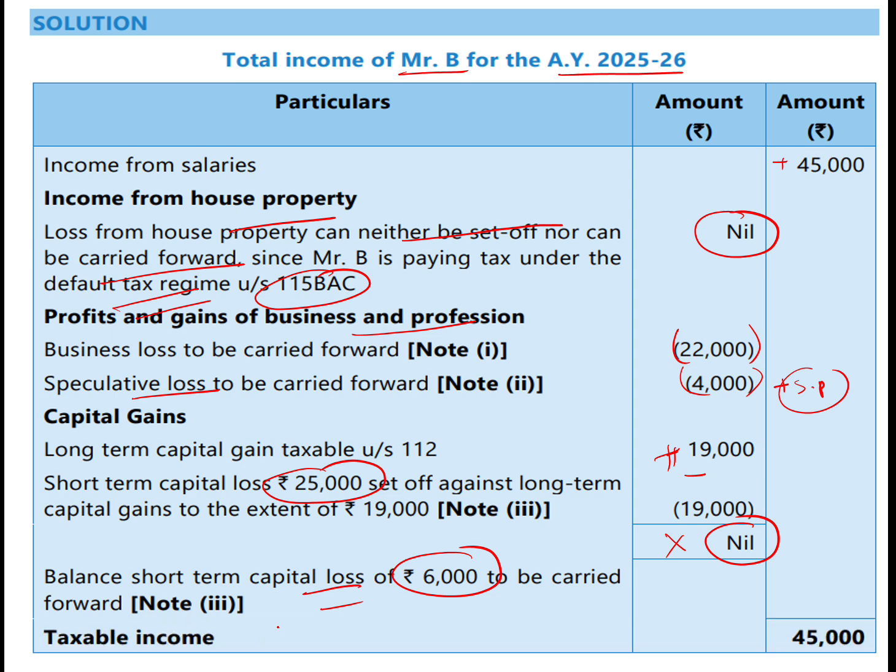So the taxable income is 45,000. This is the way we compute set off and explain how much amount has to be carried forward.